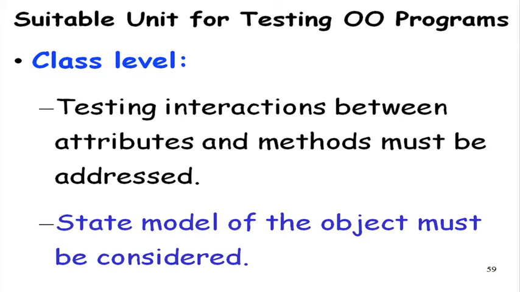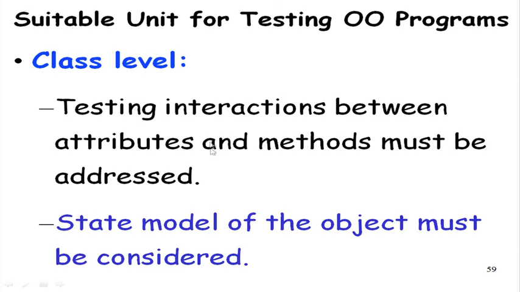So, why is class a good unit of testing and testing the methods and then integrating will not work? The answer to that is that if we just simply test the methods, then we are not doing several things correctly.